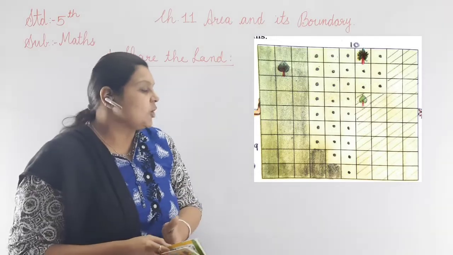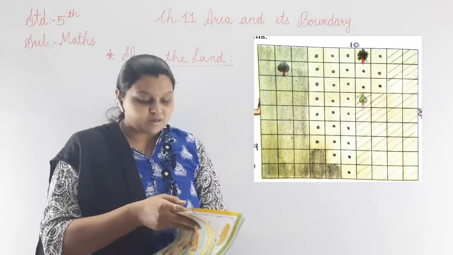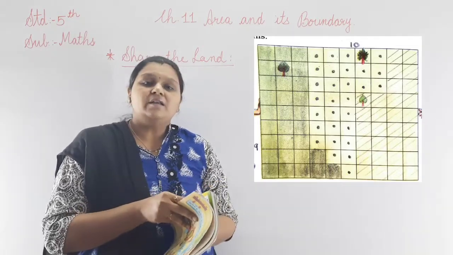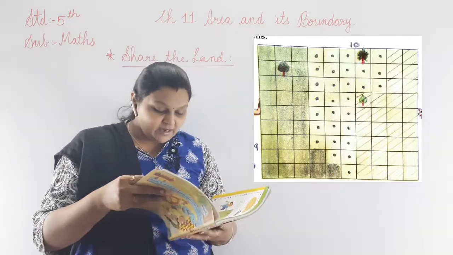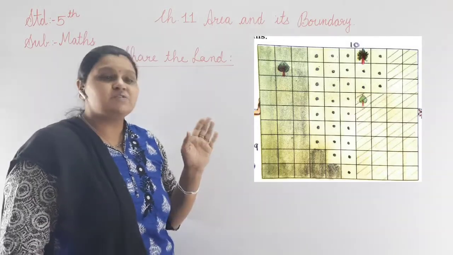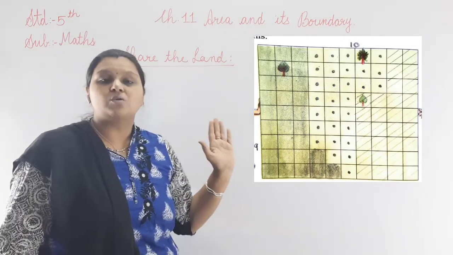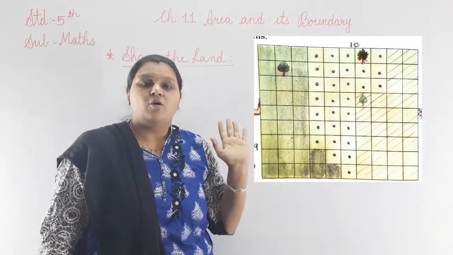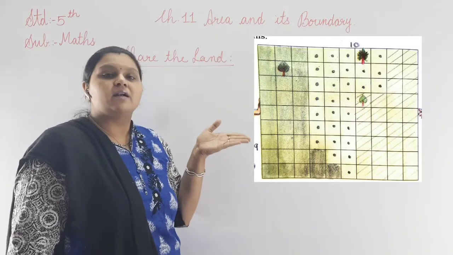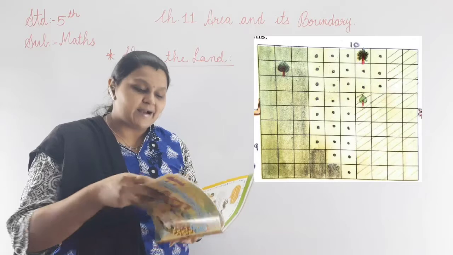Here, if we see on the picture, there are 90 boxes. So, 90 divided by 3, that will be 30 boxes each. Now, we have to divide in such a way that each of them has got 1 tree. Okay, so here we have made a different design for these 3 parts.